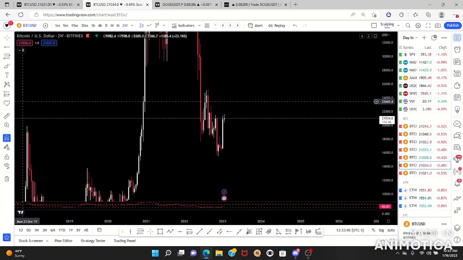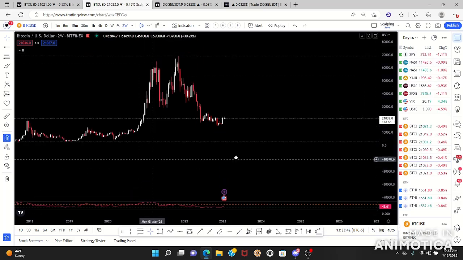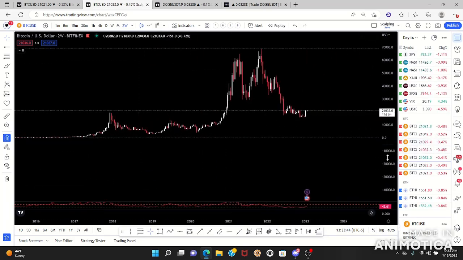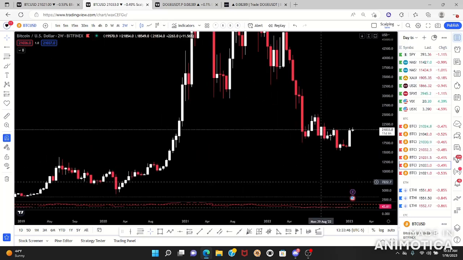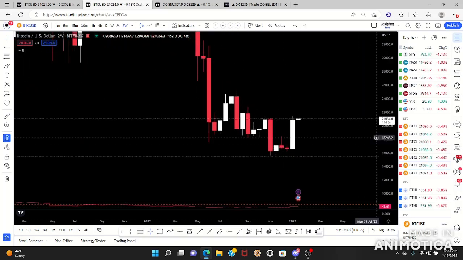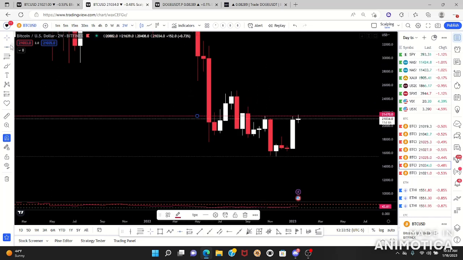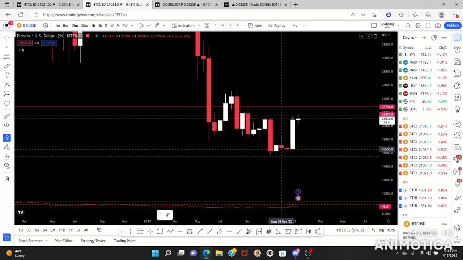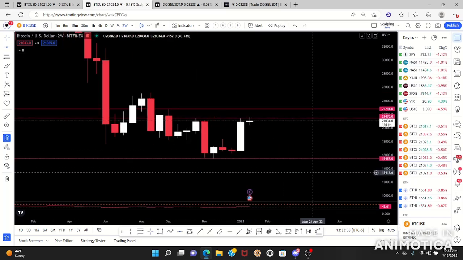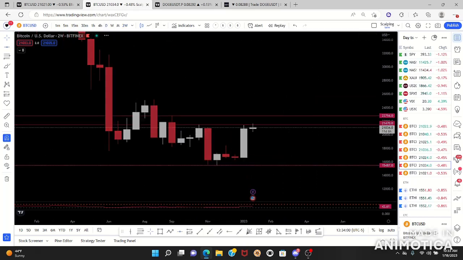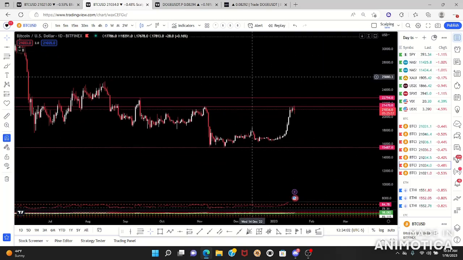Nice and naked chart. Once we're here, remember, we're going to set our support and resistance. I'm going to set those resistance. This is our support. I'm going to move into the daily.